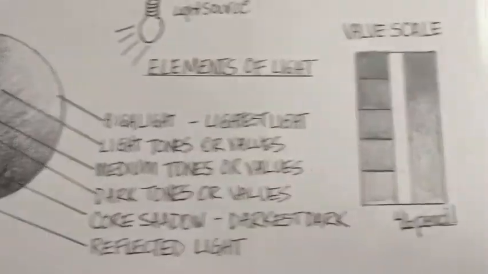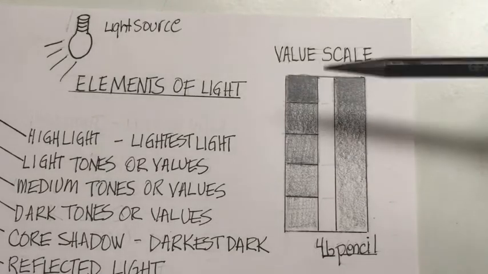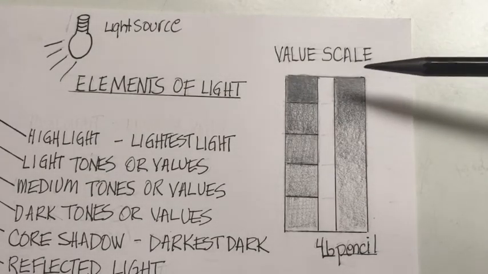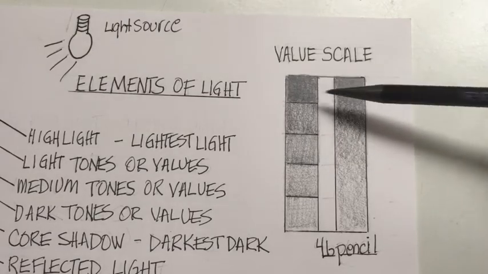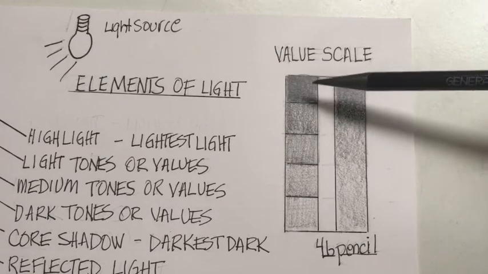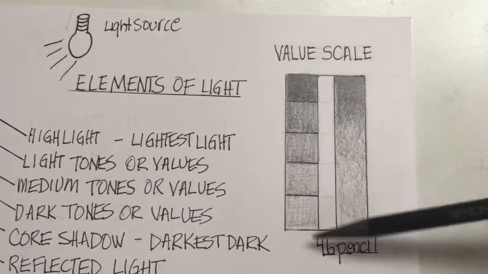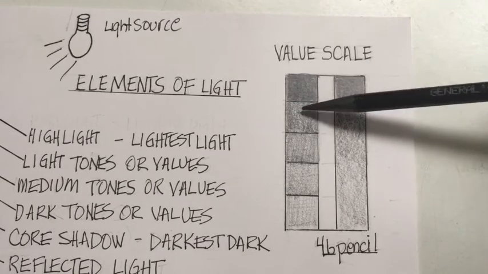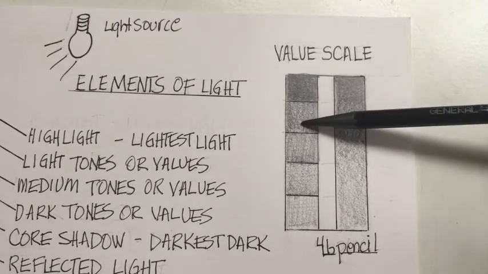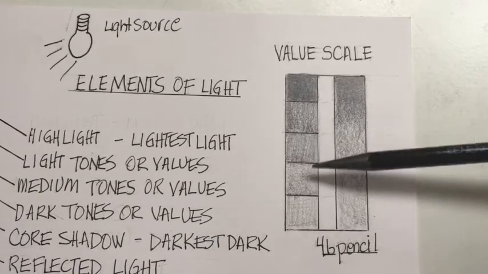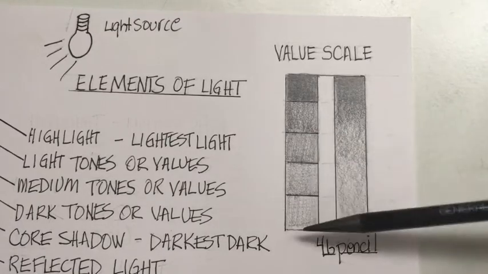We'll also be making a color value scale. They say the human eye can see 122 values from black to white. So yours will be only 5 values, starting with very dark, less dark, medium value, light, and lightest.